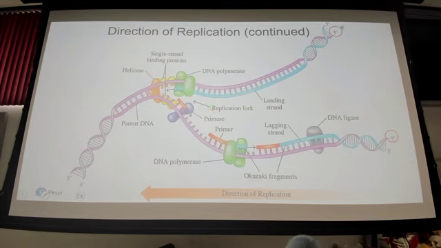DNA polymerase synthesizes the leading strand in a continuous manner because remember they're anti-parallel. So this is the leading strand. DNA polymerase synthesizes that complementary strand in a 5 prime to 3 prime direction in continuous motion. What about the lagging strand?